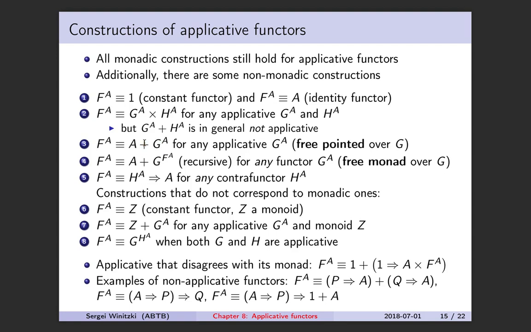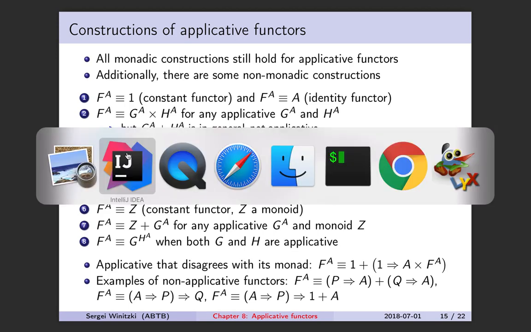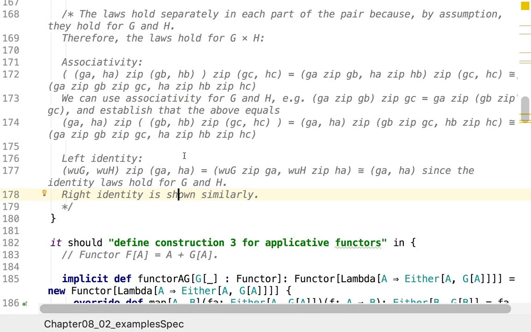This is a functor construction defined like this. I'm not going to use the fact that it is a free construction, because we haven't yet gone through this in the tutorials. So for the functor defined like this, assuming that G is applicative, we need to show that F is also applicative. So let's see how that works.